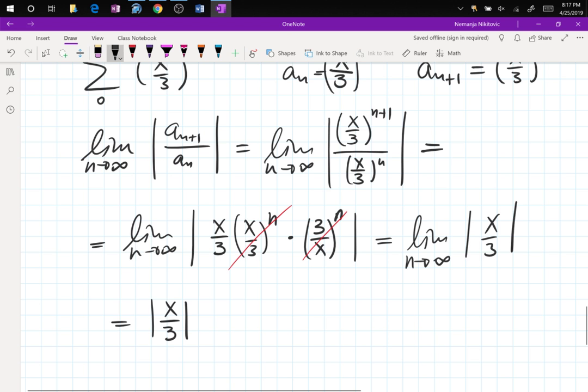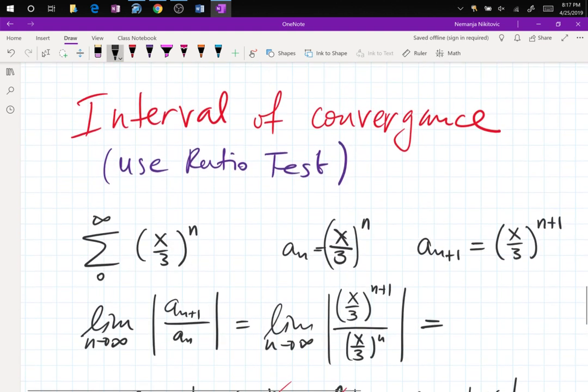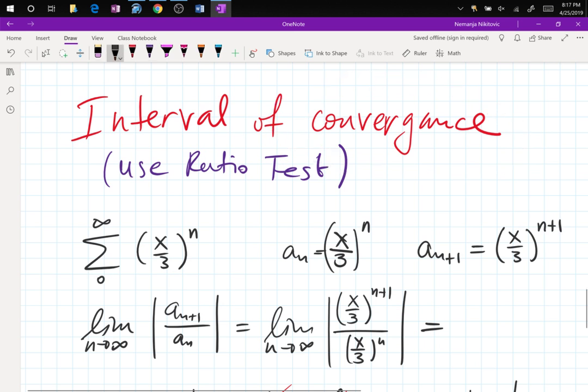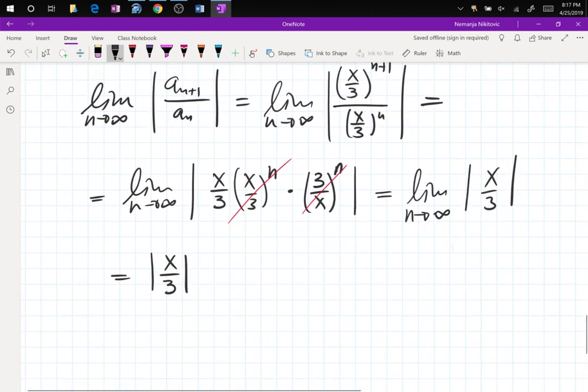Now, this is the confusing part, but it shouldn't be. What are we looking for? We are looking for the interval of convergence. When is the ratio test convergent?